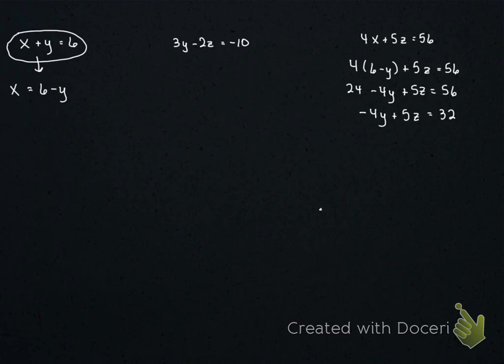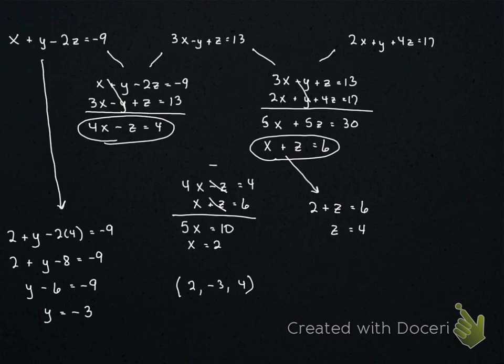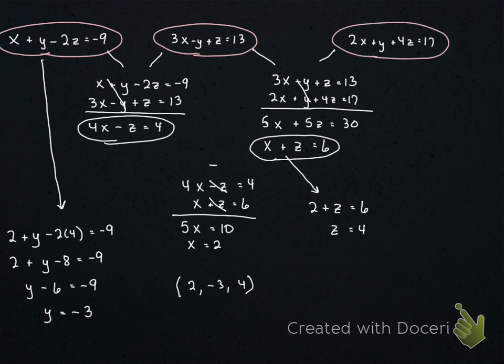Okay, now notice, before I go any further, what I would definitely like to point out is that in each one of these original equations, the x, the y, and the z are on one side of the equal sign, and the constant is all by itself on the other side.